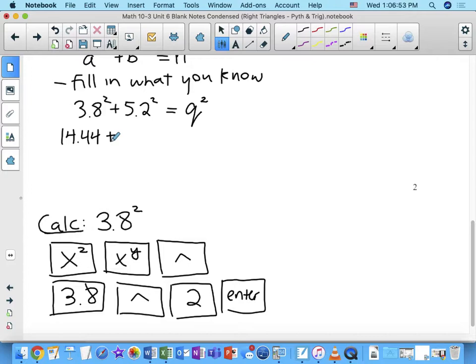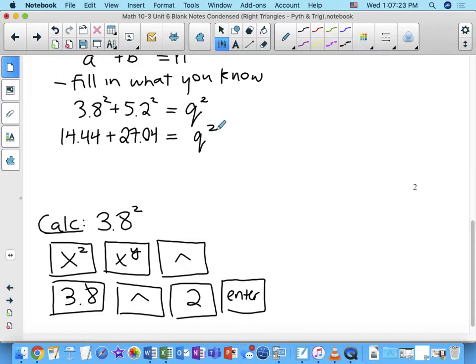What's 5.2 squared? Yep. 27, I think it's 0.04. Is that right? Okay, so that's these two values equals, there's nothing to do on the right side, so this is just still q squared.